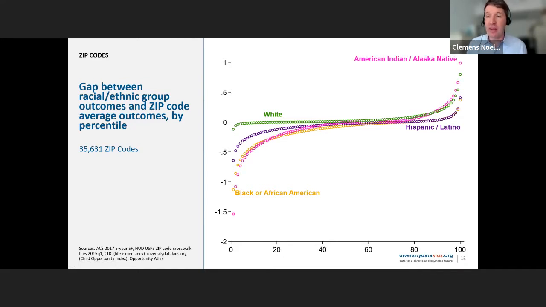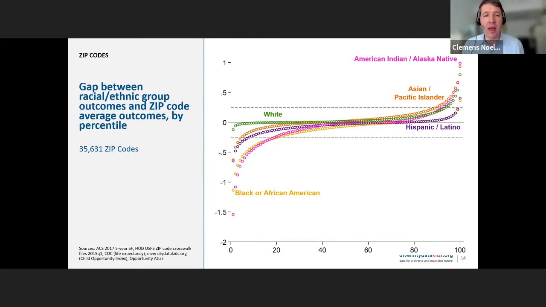For American Native children, there are large gaps both at the top and the bottom of the distribution. So for this group, the zip code measures work least well. And for Asian Pacific Islander children, the gaps track the ones for white children at the upper end, and for Hispanic children at the lower end of the distribution.